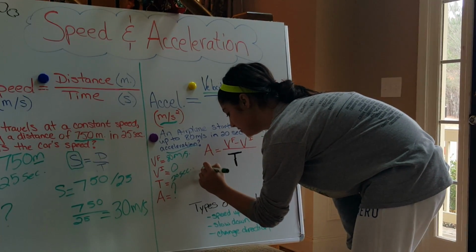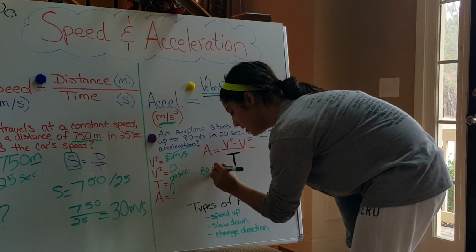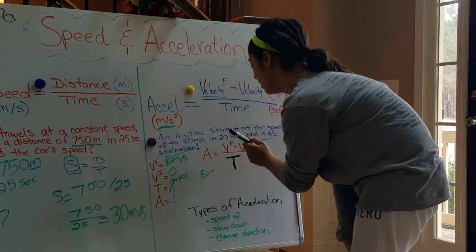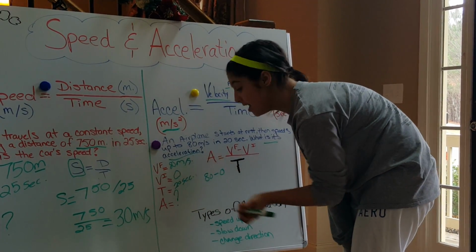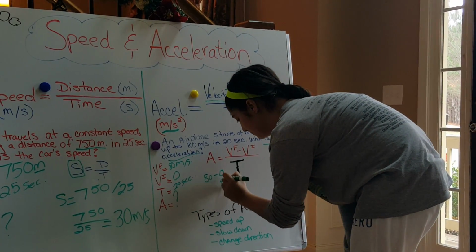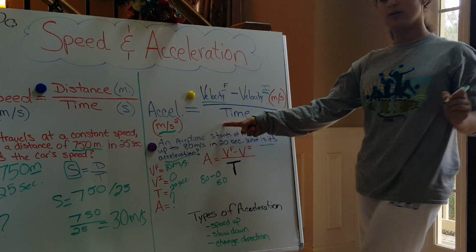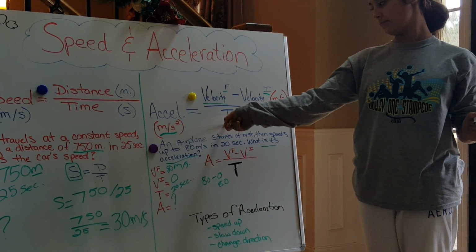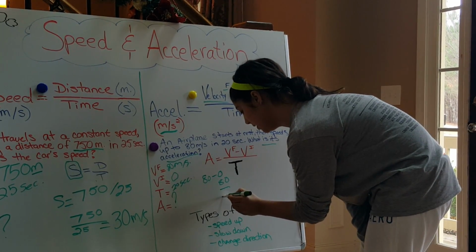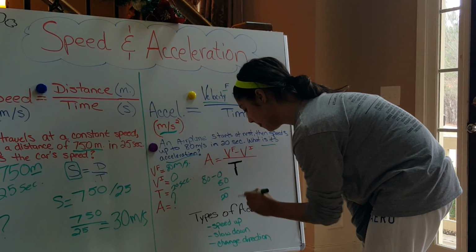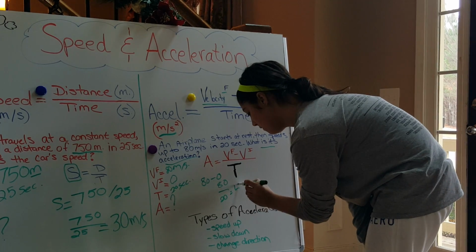So you're going to take your final, which is 80, and since it starts at rest, you're going to subtract 0 from that, which is 80. And you're going to divide that by your time, which is 20. And that should equal 4.